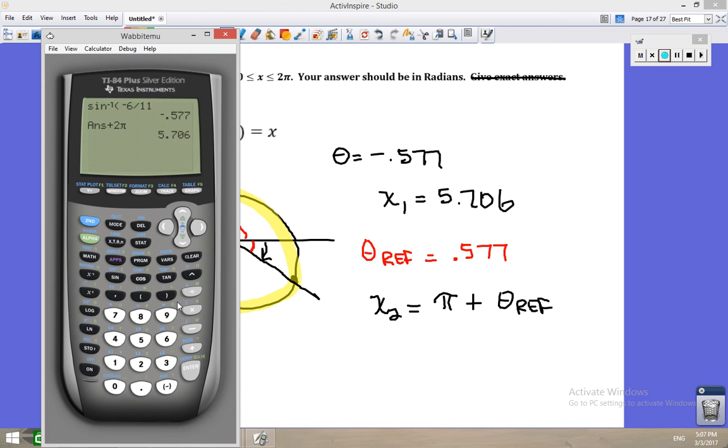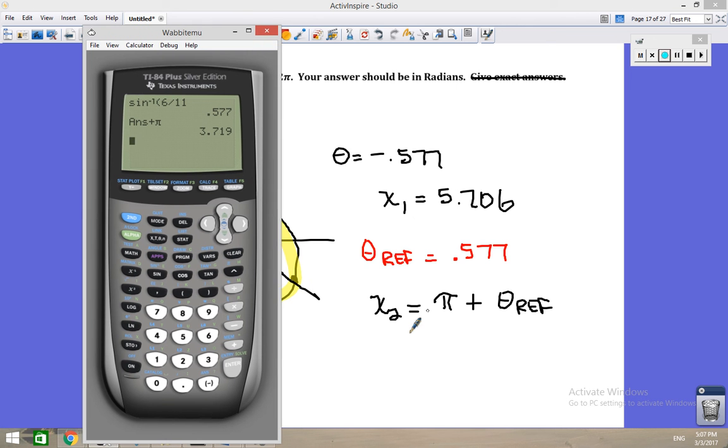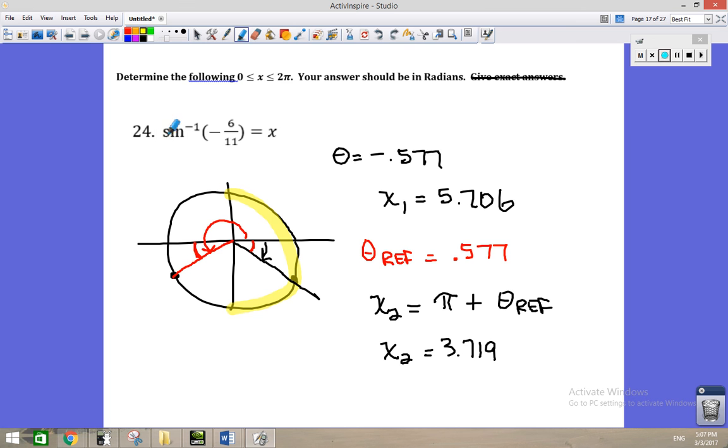So if I come back, the inverse sine of 6 divided by 11 will give me that reference angle, and then I want to add pi to that. So 3.719. So of the infinitely many solutions that satisfy this equation, the two that are between 0 and 2 pi are 5.706 radians and 3.719 radians.